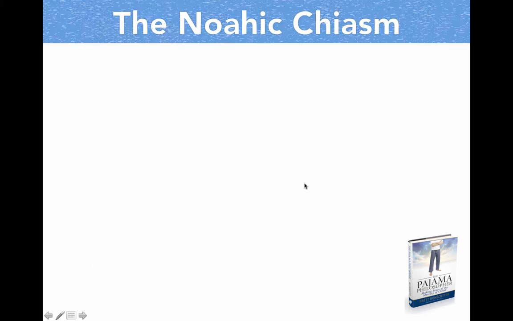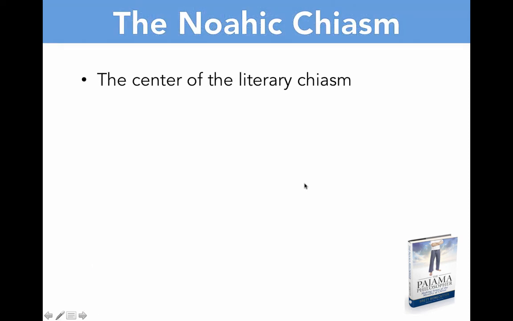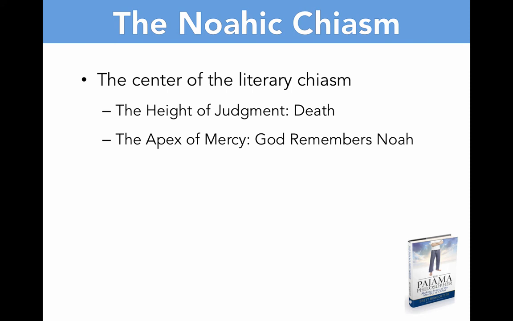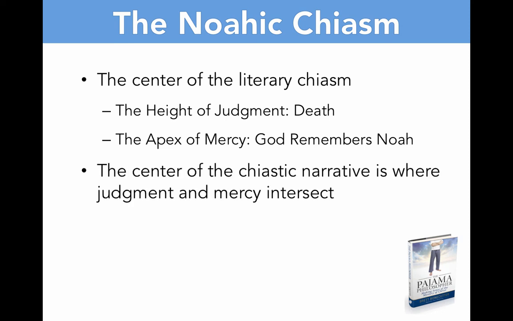And the point of that is that the center of the chiasm is where we see the height of judgment. We see the epitome of the flood, of the death of the old world, and yet in that moment, in the height of judgment, God remembers Noah. It's the apex of mercy.